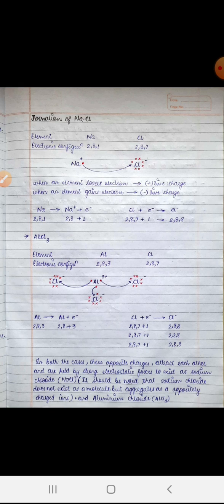These are forming a compound, aggregating with each other, and molecules are what? O2, H2, N2. These are molecules. And here they have formed a compound by aggregation. So it should be noted that sodium chloride does not exist as a molecule but aggregates as oppositely charged ions. In this way an ionic compound is formed.